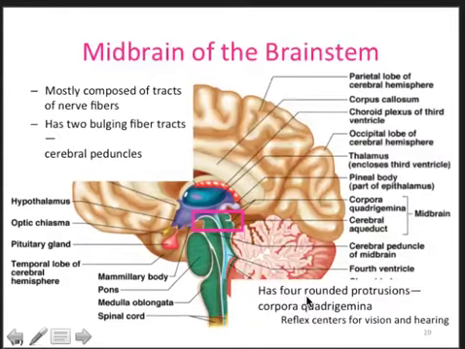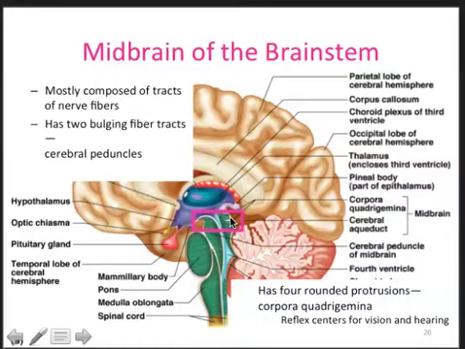The midbrain is made up of tracts of nerve fibers that send and receive sensory information to and from the thalamus. These fiber tracts are called cerebral peduncles. You can see the midbrain here. On the back of the midbrain, you've got two bulges called the corpora quadrigemina, and that's Latin for four bodies.